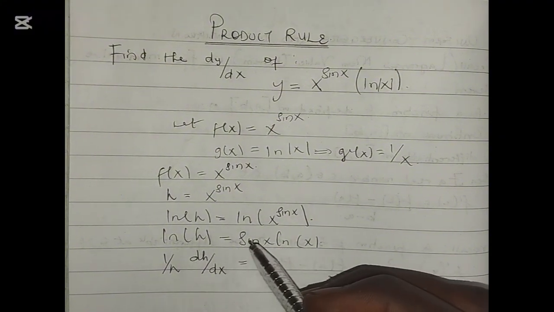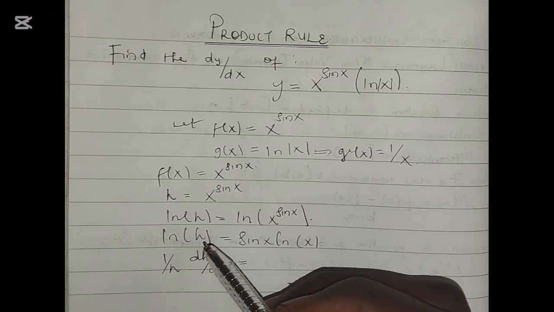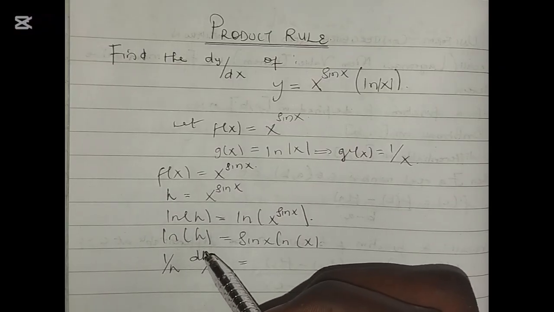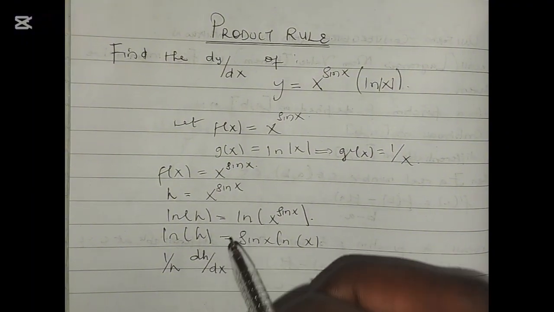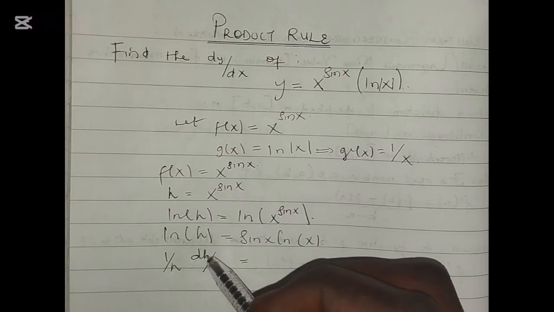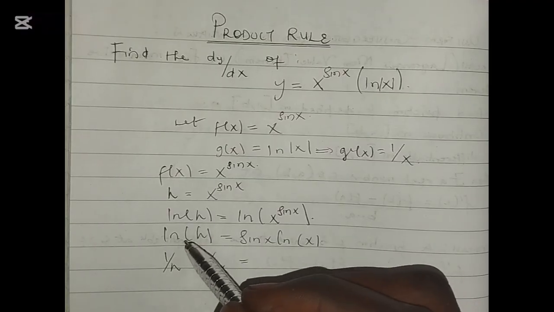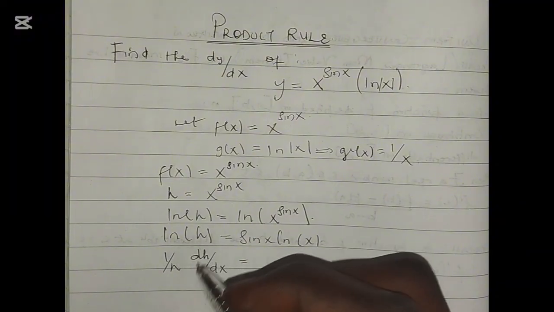Why? Because the left hand side is not simply h, it's ln h, but we have to find h prime. We can't disregard that because this is also a function we need.